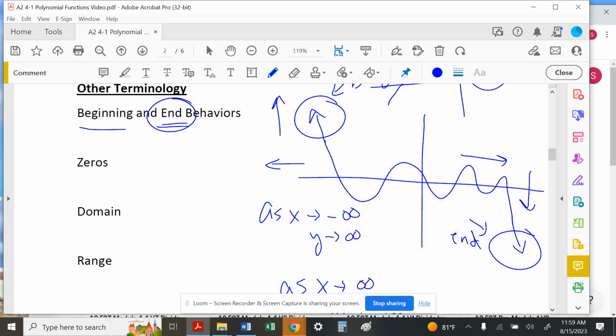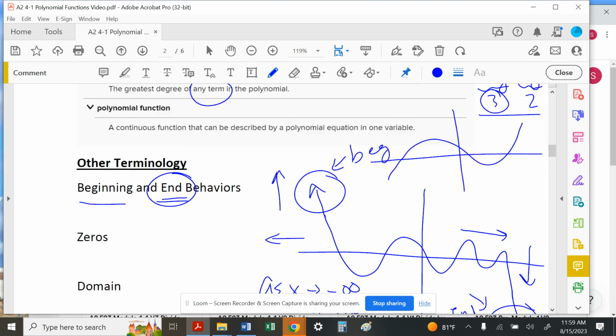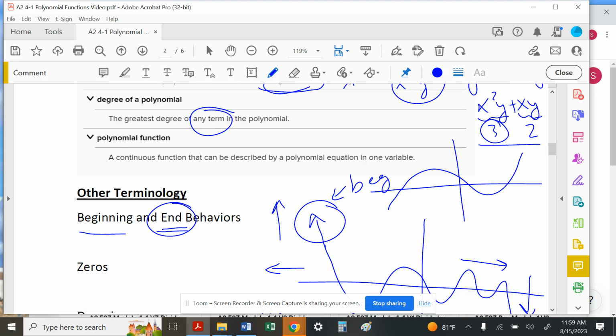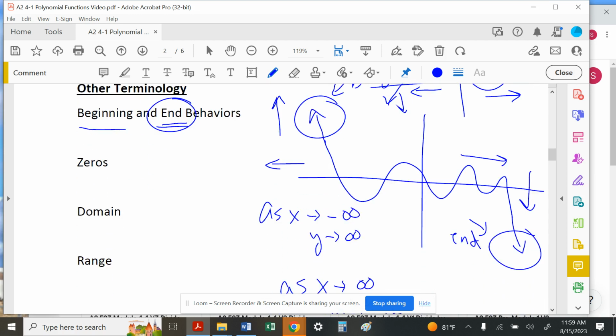So there's other functions where, for example, if you look at this one here, as x goes to negative infinity, y goes to negative infinity. As x goes to positive infinity, y goes to positive infinity as well. Y is going up. Okay, so that's what's happening with those functions. Okay, the zeros are where it crosses the x-axis.